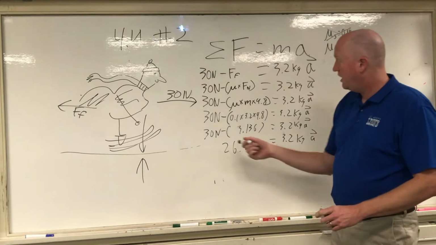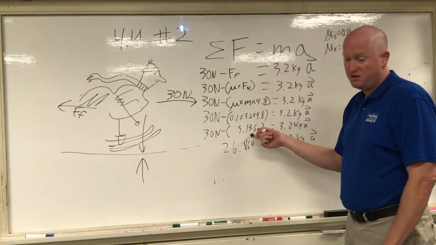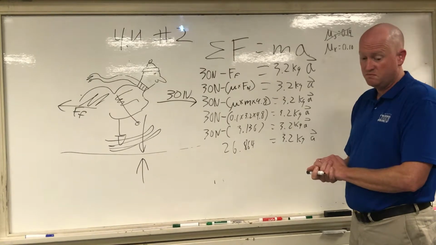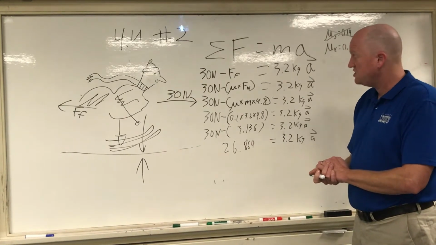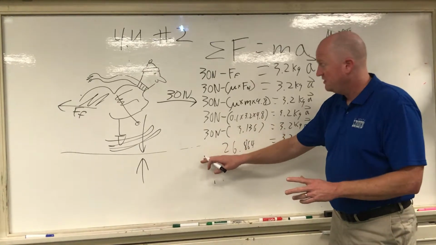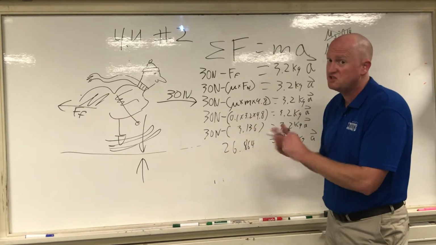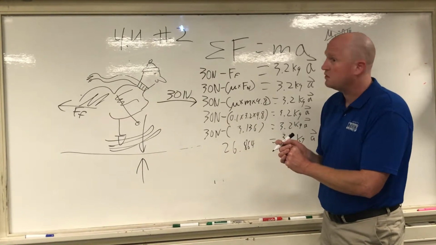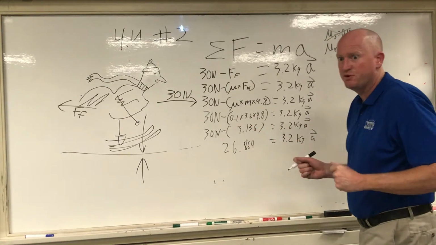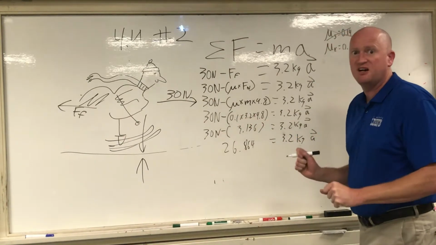Now, by the way, the newtons I'm putting in are bigger than the newtons I'm taking out. That might not be the case in your case. There is a distinct possibility that the force of friction will be greater than 30. That will give you a negative number. Does that mean that your calculations are wrong? No. It just means that your animal is so heavy that it's producing so much friction that 30 newtons just isn't enough to keep it moving at a constant speed.